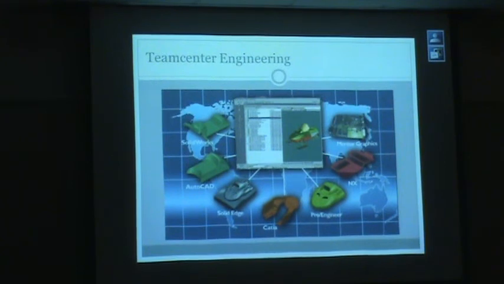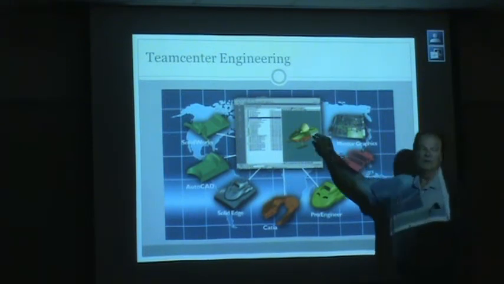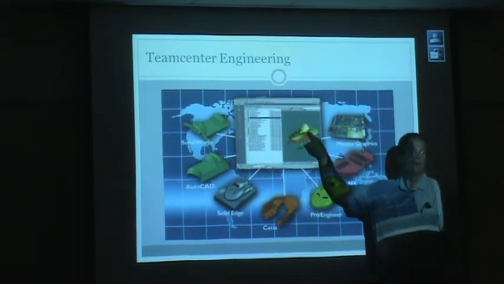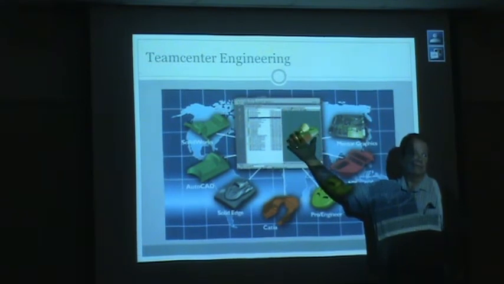A JT is a standard file format for visualization. So if they can grab an Inventor part or a SolidWorks part, instead of having SolidWorks loaded locally, they can just grab its JT representation, and that part will appear as though it's a real part showing up in this kind of view.